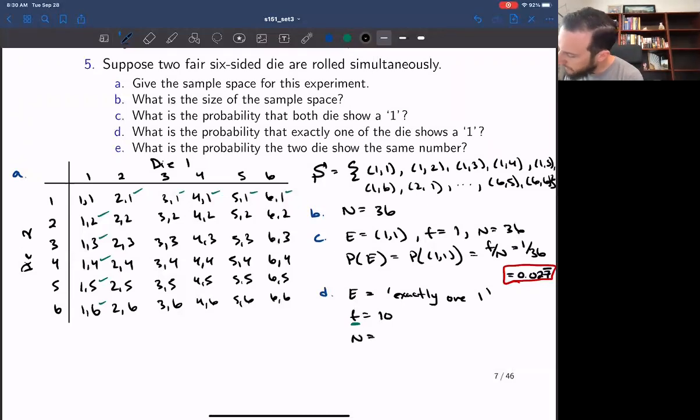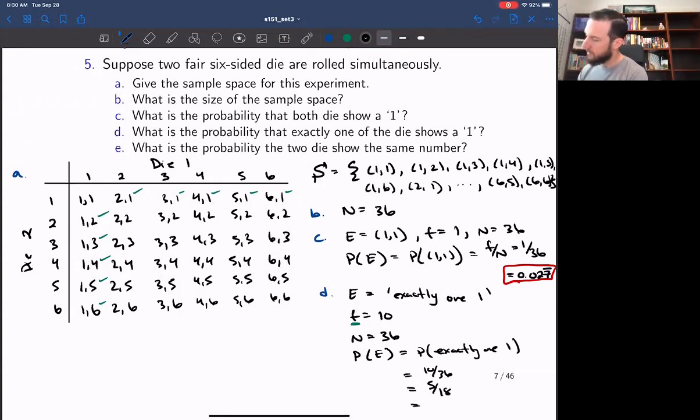Then we have capital N is equal to 36. So the probability of E, which is the probability of exactly 1, 1, is going to be 10 over 36, which is going to be 5 over 18, and 5 over 18. Oh, that's kind of cool. Is 0.27 repeating.